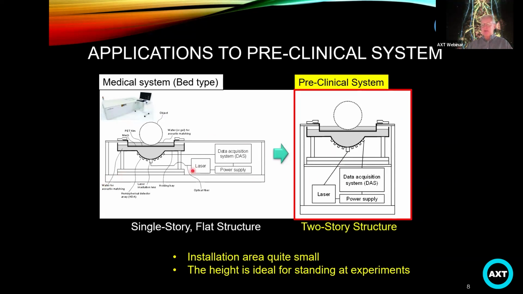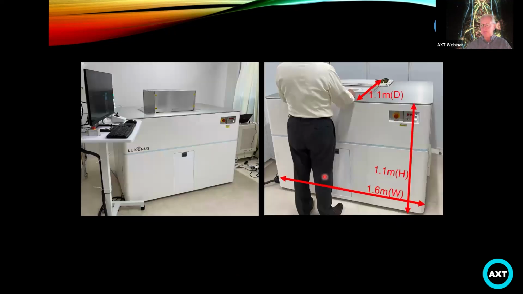Now, the medical system, although it's conceptually identical, is built into an elongated horizontal bed type system, which for obvious reasons is how we'd want it for imaging people. But the preclinical system is built into a sort of two-story structure, which is much more convenient for the research lab.